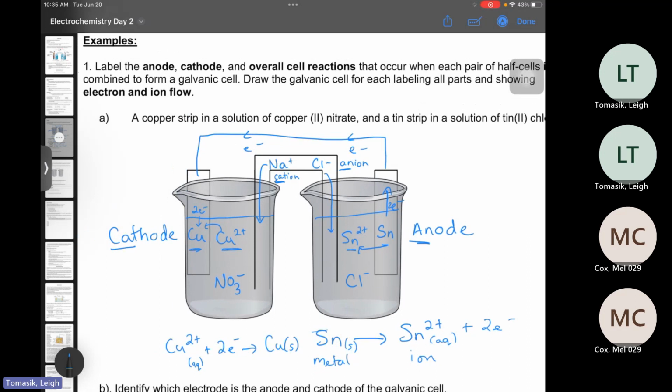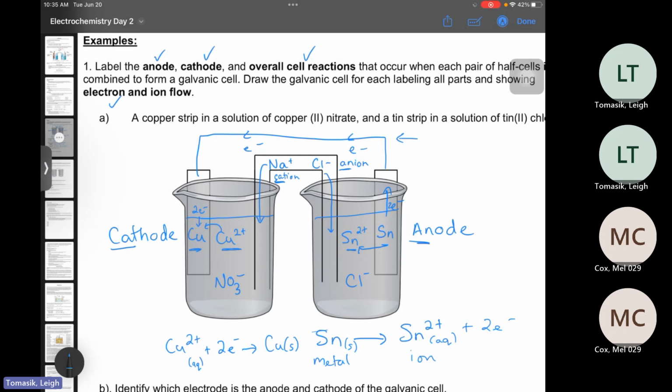Okay, so let's see if we've done this diagram well. So it says label the anode, done that. Label the cathode, done that. And the overall cell reactions, done that, that occur when each pair of half cells are combined to form a galvanic cell. Draw the galvanic cell for each, labeling all parts and showing electron flow, right? We can see electron flow is through the wire, and showing ion flow. So I'm showing that the tin is becoming an ion.